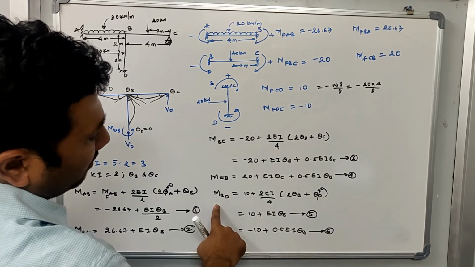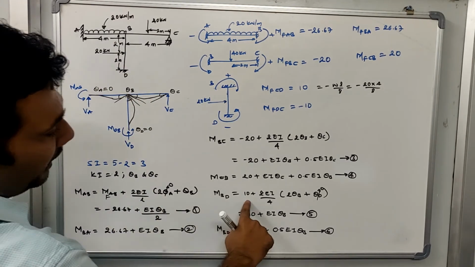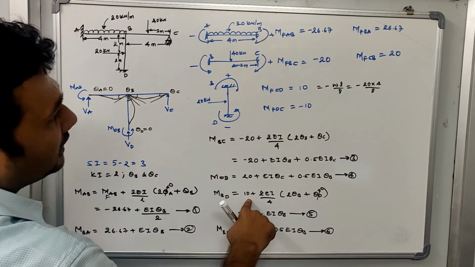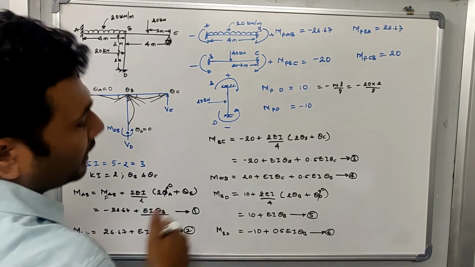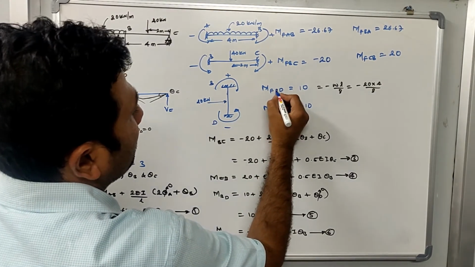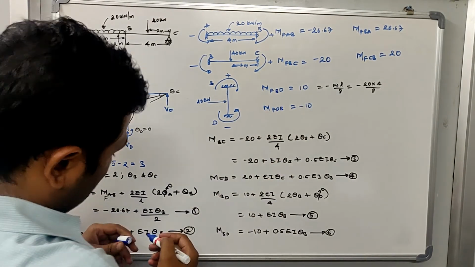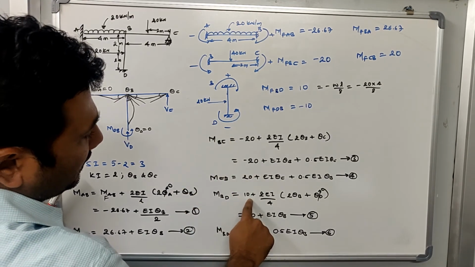Now going to the last member, which is MBD. This is your member BD. Sorry, I just made a mistake here. Okay, so this is member BD. You know how much MFBD is.